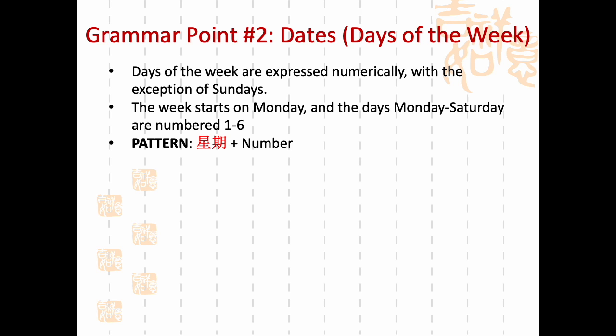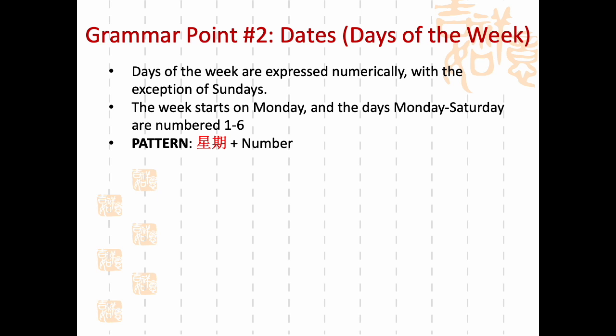As for days of the week, again, Chinese is pretty intuitive. All you need to know how to say is 星期, meaning week, followed by the number that corresponds to that day. And one thing important to remember here is that in Chinese, the week starts with Monday. So Monday would be 星期一.